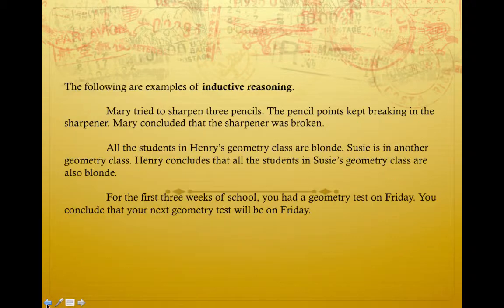So on the previous page here, Mary started with these 3 pencils and assumed something about every pencil ever. She assumes the sharpener's just broken. You take the first 3 weeks of school, you make an assumption about the next week. You observe a pattern. All the students in Henry's class are blonde. He starts from his class and he makes an assumption about all geometry classes.